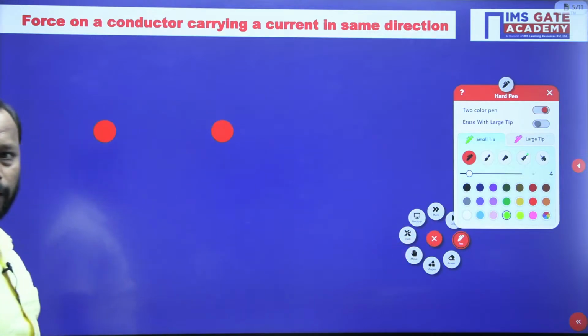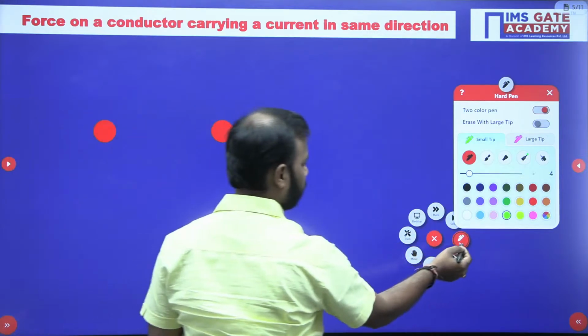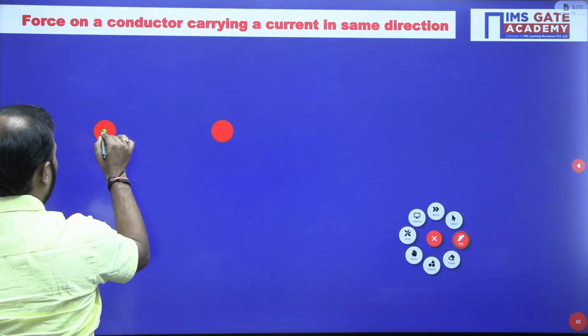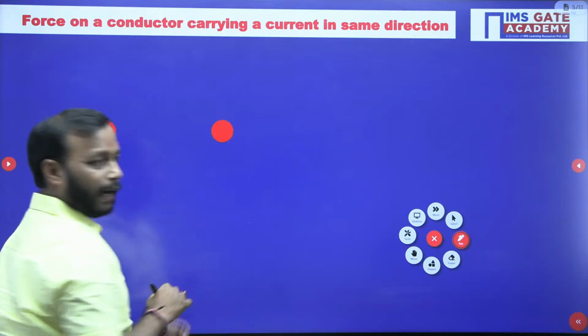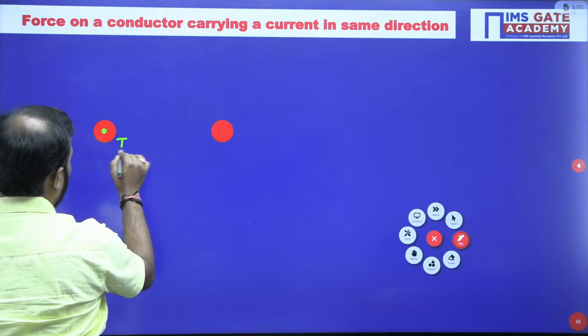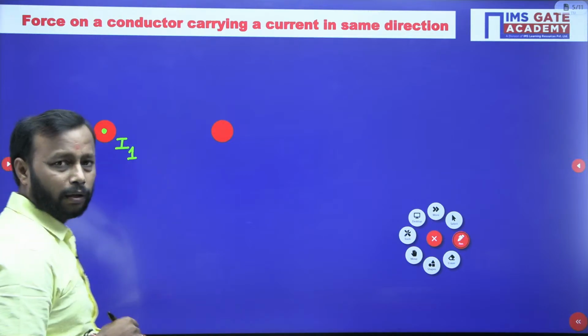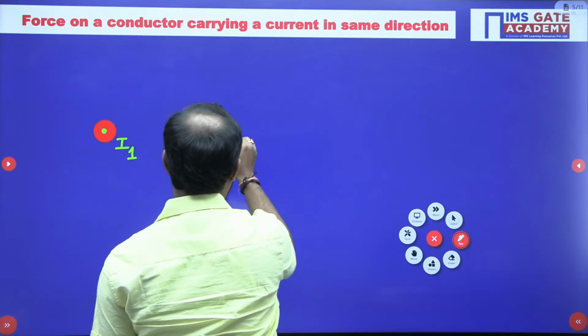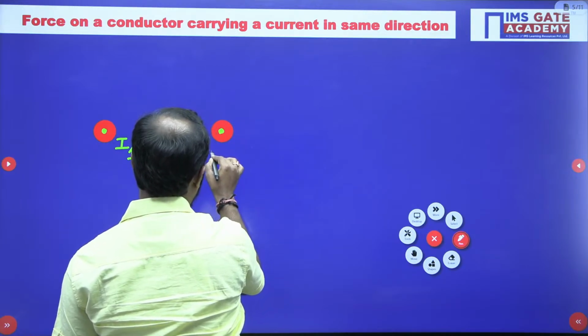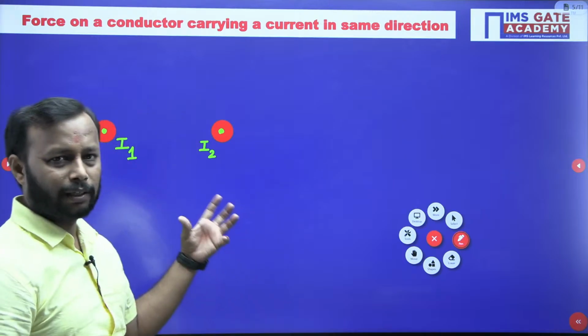As I told you, we will assume the current in conductor 1 as I1, and in conductor 2 let me take I2 current flowing, but the direction is the same.